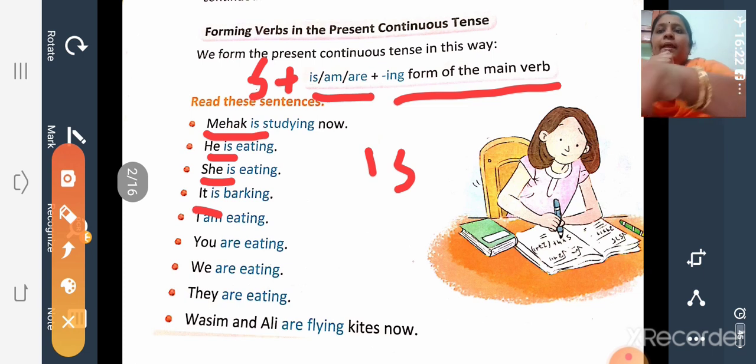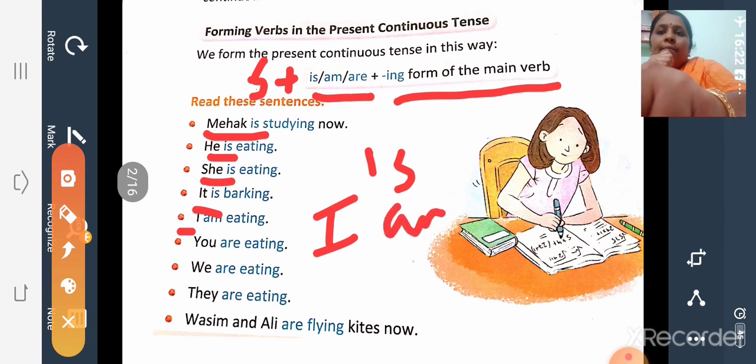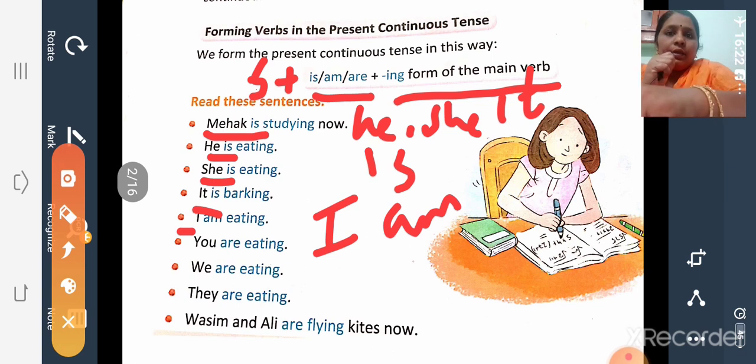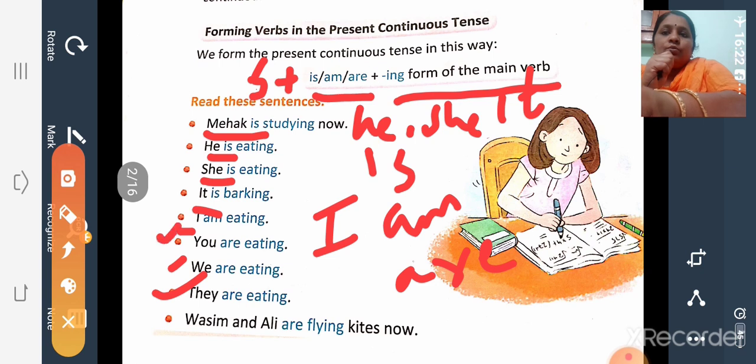Then along with I, we use am. Then with plural nouns and pronouns, we use are. For example, you, we, they. Along with you, we use are. You, we, and they, we use are.